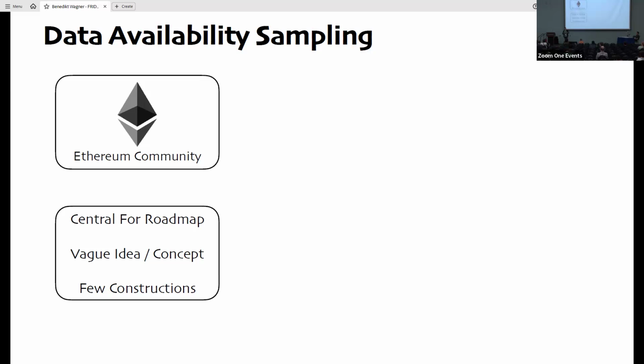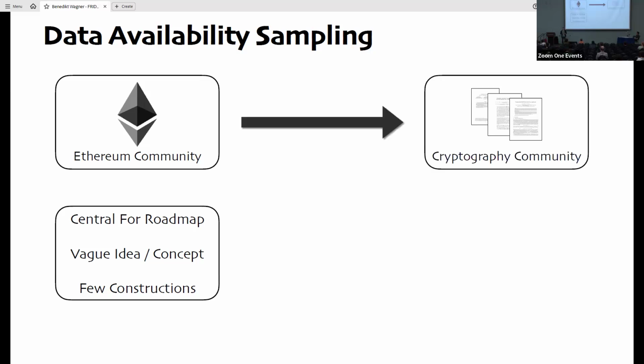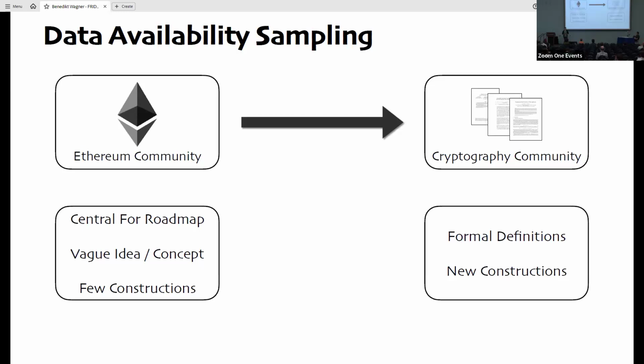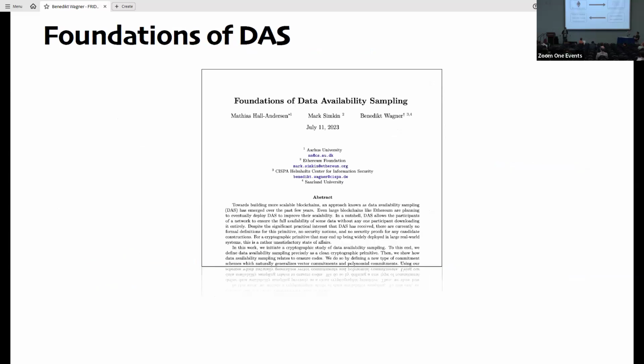So our idea was, let's take this thing and move it to the cryptographic community. Let's give a precise definition and build precise and solid foundations for this thing by giving definitions and also motivating research on new constructions. And ideally, the Ethereum community would then benefit from this research. So that's why a while ago we wrote this paper, Foundations of Data Availability Sampling, with the same co-authors. And there we did exactly that.